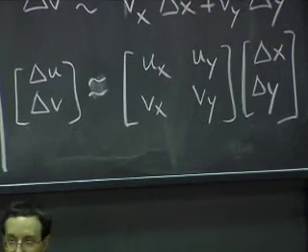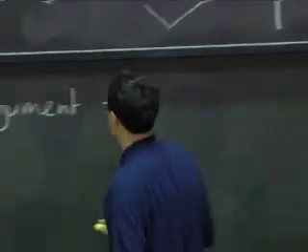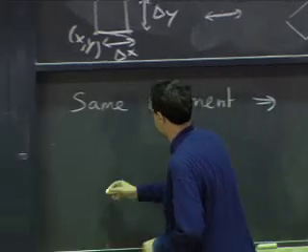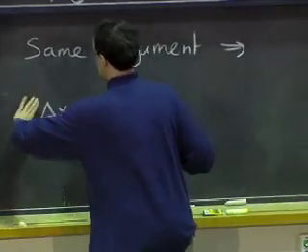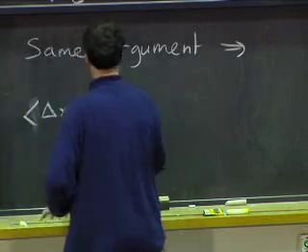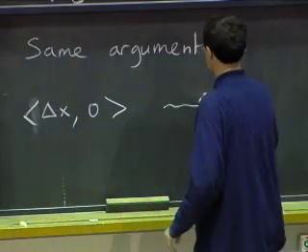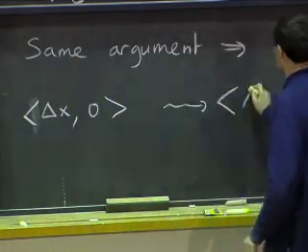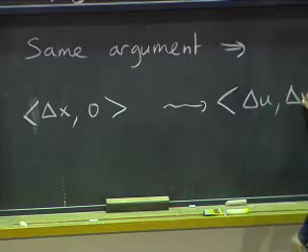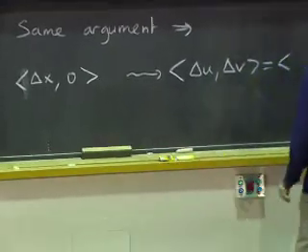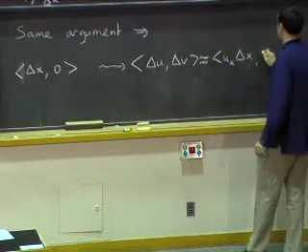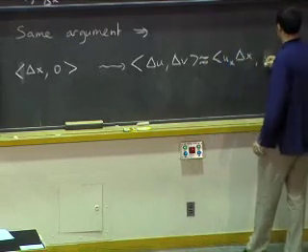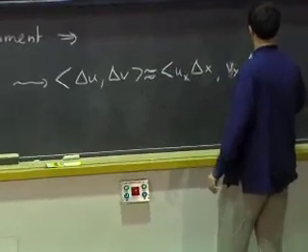There's no delta y. So if we move in the xy coordinates by delta x and 0, then delta u and delta v will be approximately u sub x delta x and v sub x delta x.